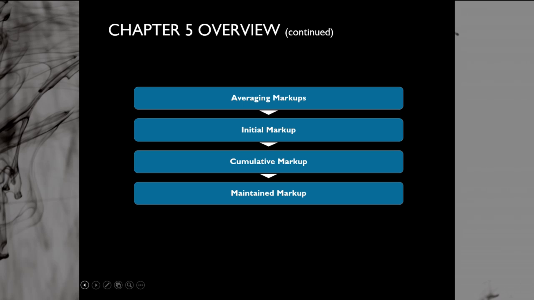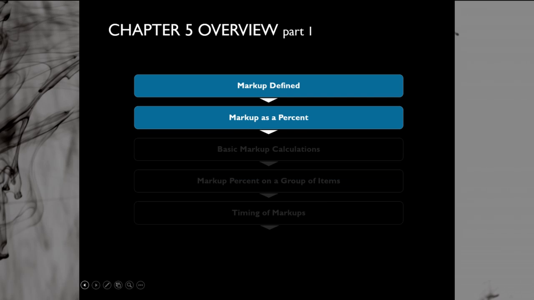Everything is really important, but this is a really important concept when you buy the product and when you set a price for your product. For today's class, Chapter 5, Part 1, I will cover the markup definition and markup as a percent.